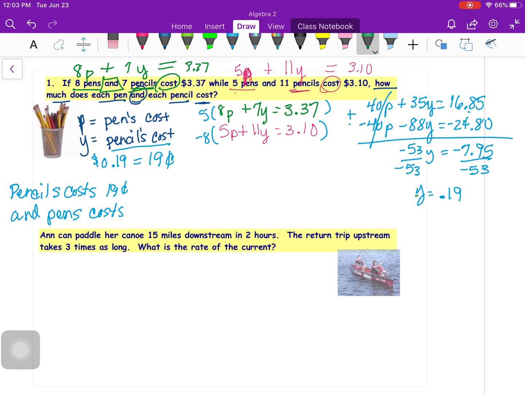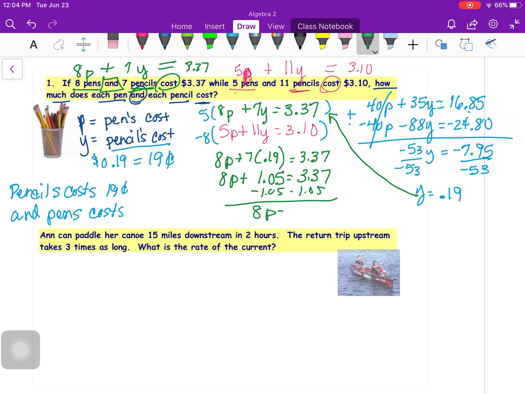so I'm going to take this and I'm going to substitute it in here. So I get 8p plus 7 times 0.19 for y equals 3.37. That's 8p plus 1.05 equals 3.37.